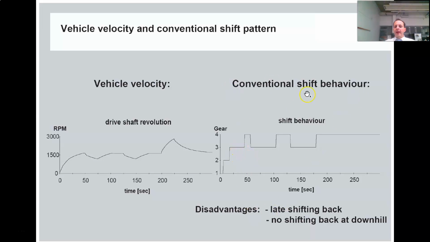And you can have here a picture of the behavior of a shift in a traditional, conventional control. And when you are using conventional control, there are some disadvantages. For example, in some cases, the shifting back can be late.